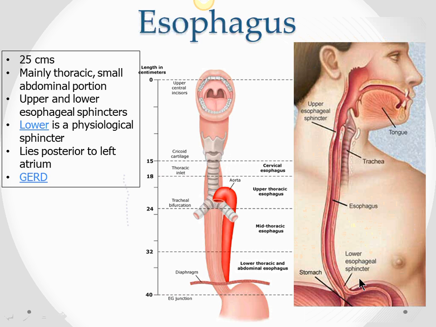And as I said, the esophagus passes through an opening in the diaphragm, which is known as a hiatus. This hiatus should be narrow so that it only allows the esophagus to pass through.